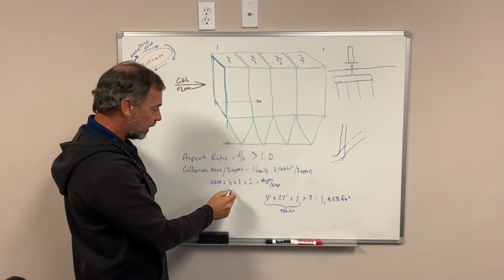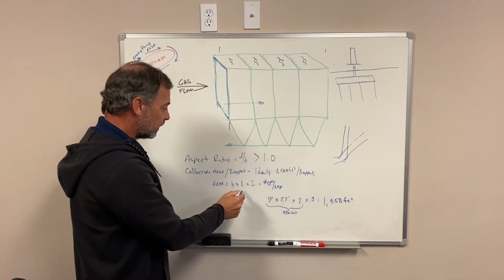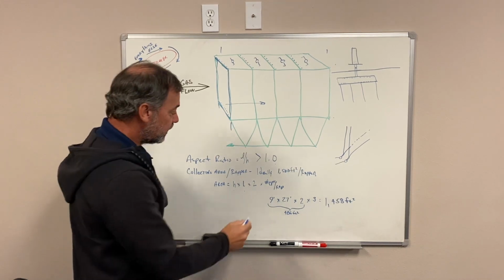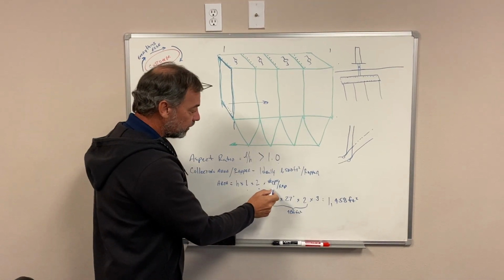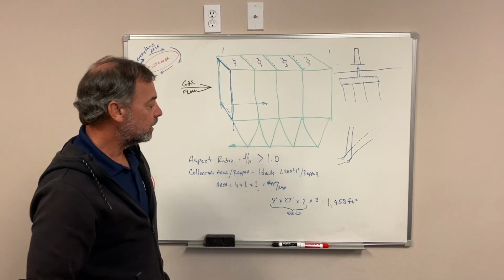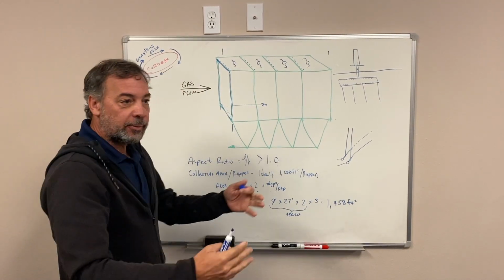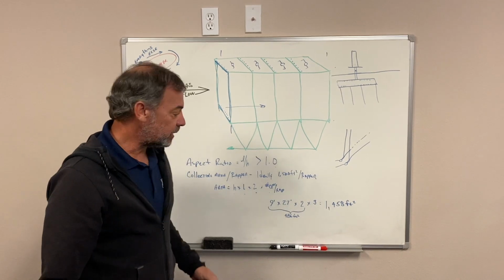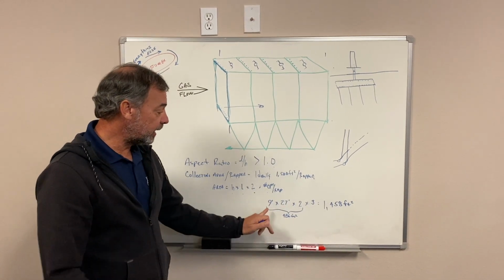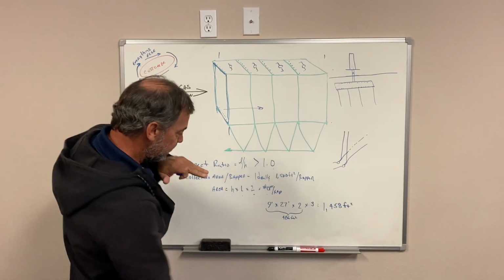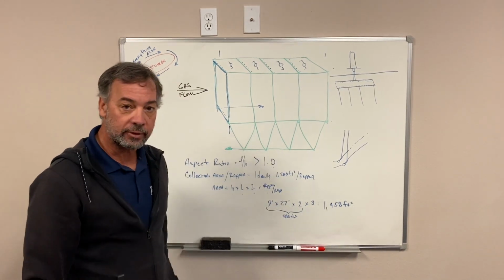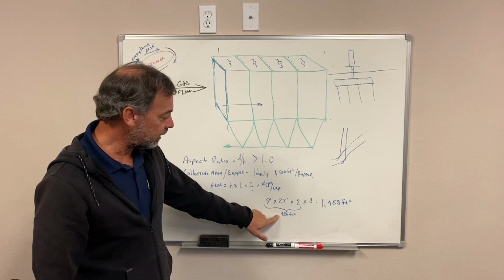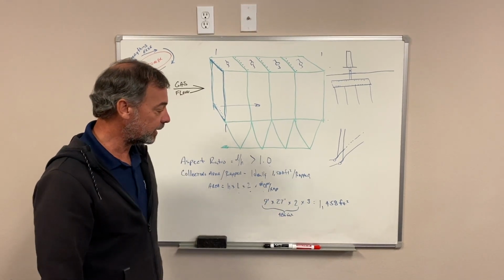You take the height of the collecting plate times the length of the collecting plate times 2, because there are 2 sides to that collecting plate, times the number of collecting plates per wrapper. For example, a standard size precipitator collecting plate is 9 feet long by 27 feet high. So we have 9 times 27 times 2 sides. Just one plate has a collecting area of 486 square feet.